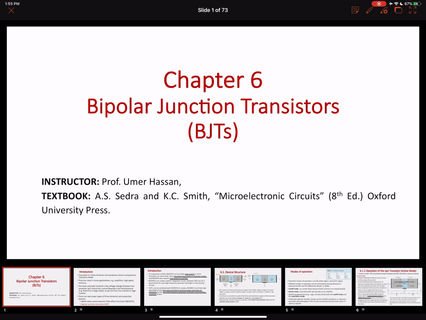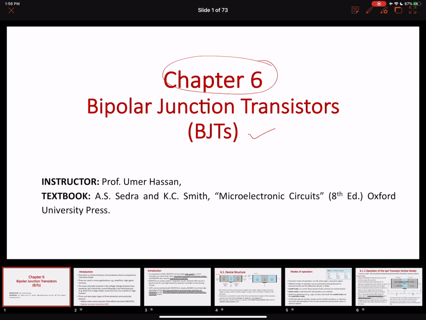We are gonna start our next topic today. We will be moving from MOSFETs to bipolar junction transistors, BJT. It's a new chapter of the book, chapter number 6. Again, we will cover the basic topics, the physical structure, and the operation of the bipolar junction transistors. In this chapter, we will see how we can operate these transistors in DC circuits.